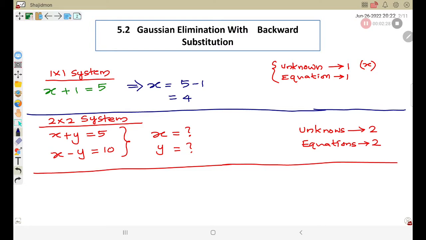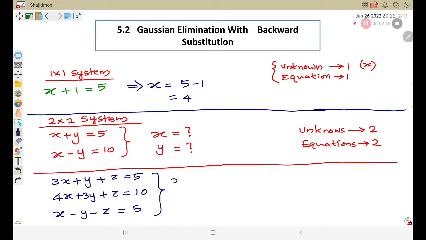Now when we go to 3 and above, for example, we have 3x plus y plus z equal to 5, or 4x plus 3y plus z equal to 10, and x minus y minus z equal to 5.